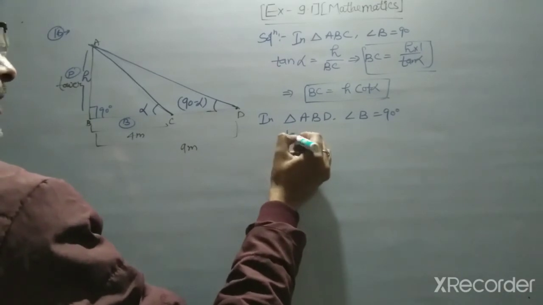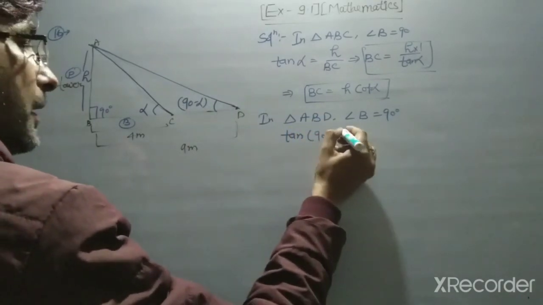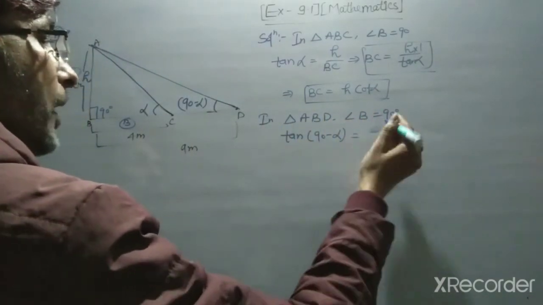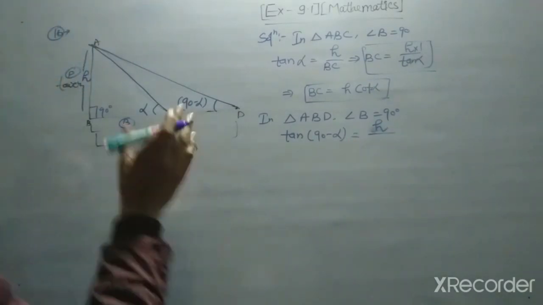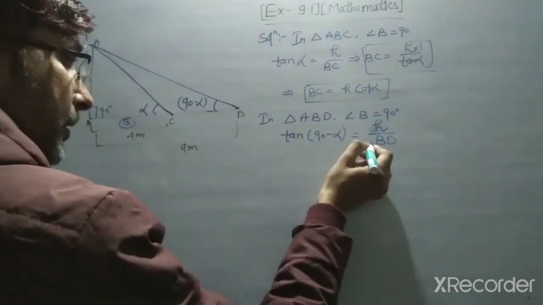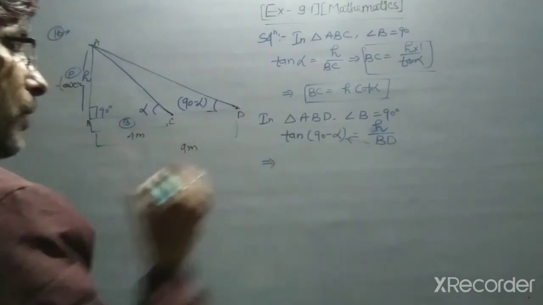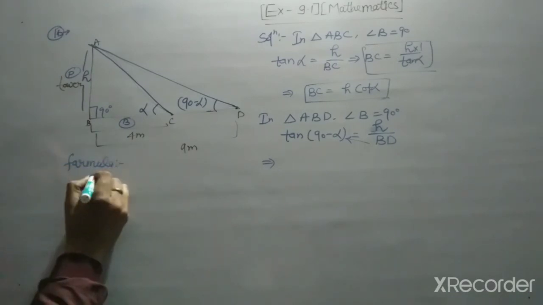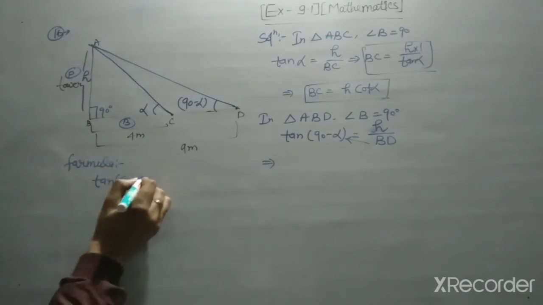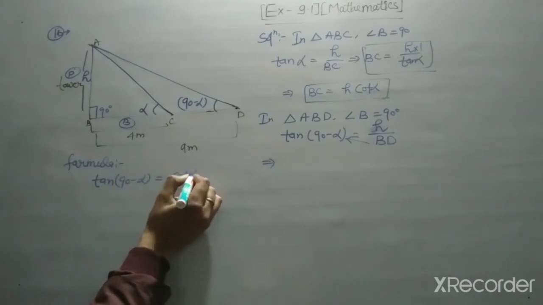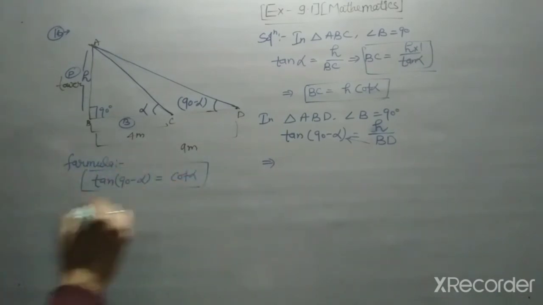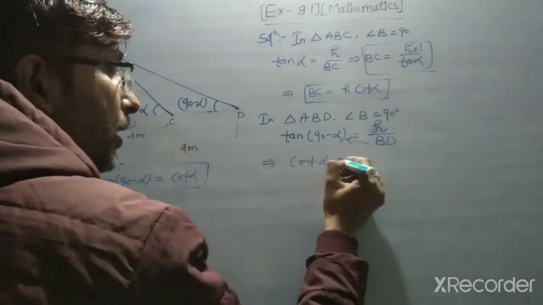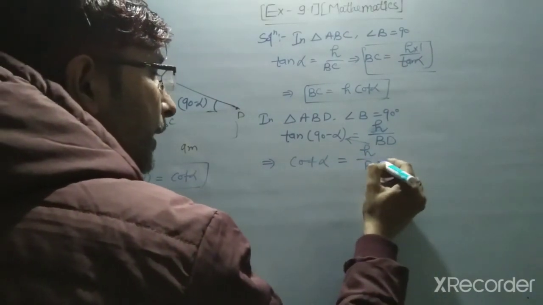So tan of 90 minus alpha is equal to AB, which is h, upon BD. Here you use the formula for solving this question: tan of 90 minus alpha is cot alpha. So cot alpha is equal to h upon BD.